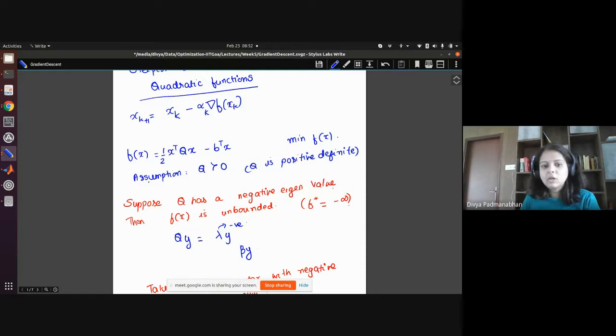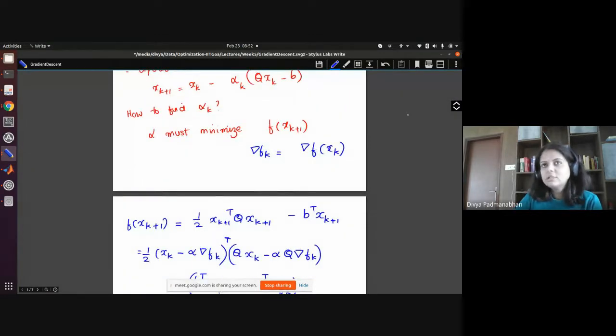And many a time, these loss functions are quadratic. So that's why I've specifically taken this quadratic example. You'll also see perhaps in your next assignment how you could use it in the context of regression or some other machine learning applications. I'll try to make you get some practice for that.